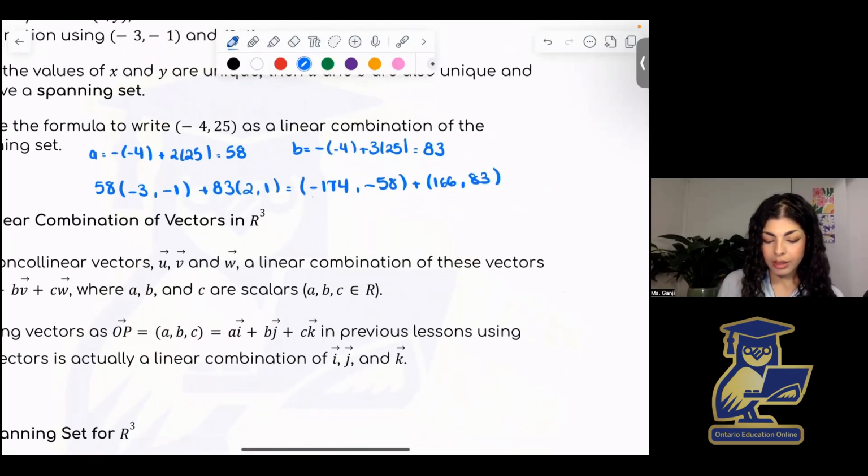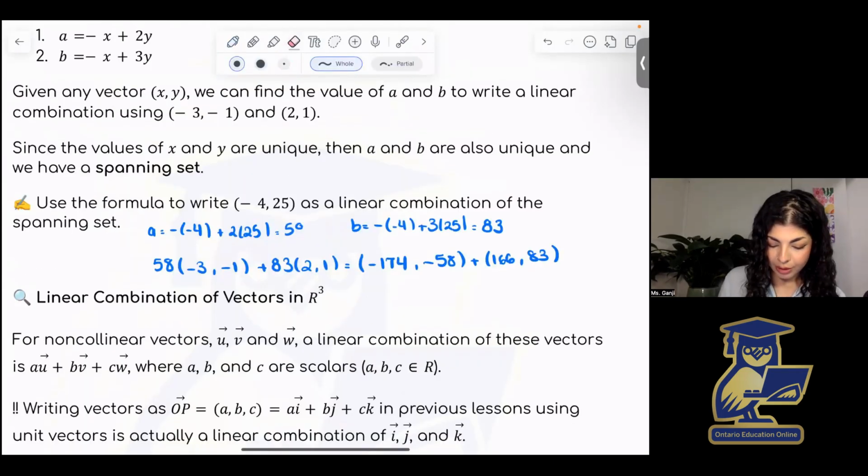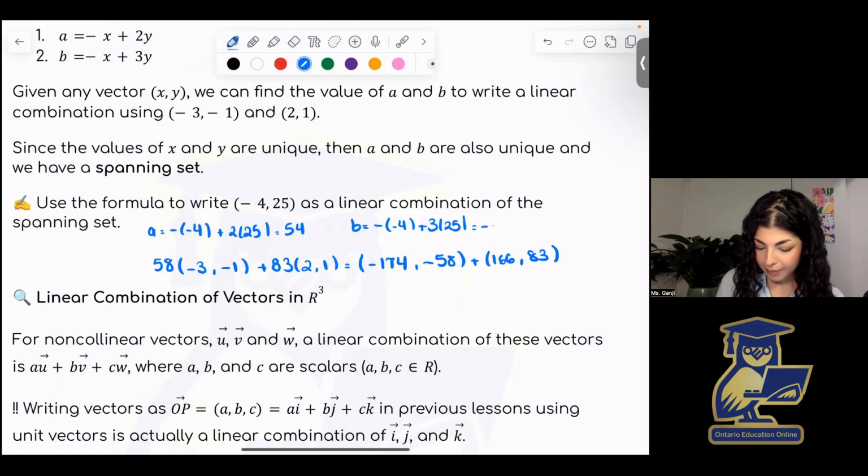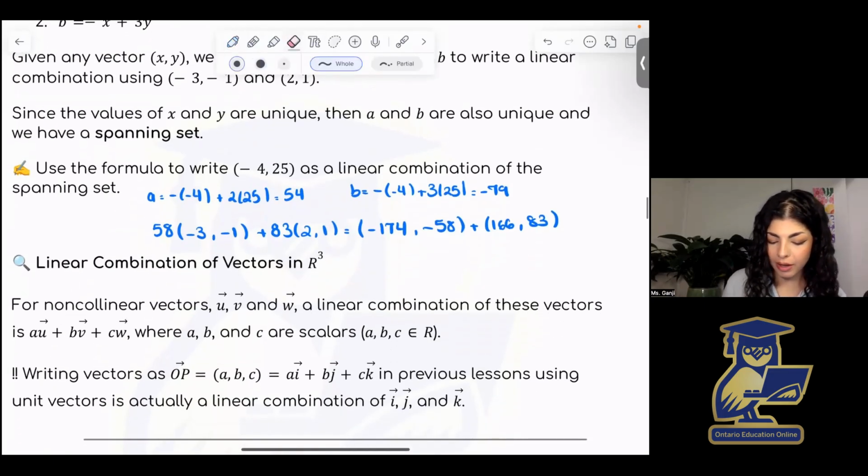So -174 and plus 166, or maybe I multiplied incorrectly. It should have been, my bad. I don't know why I added 8 to both of these, and this one should have been also -79, because it's just plus 4, and I don't know where I got 8 from.